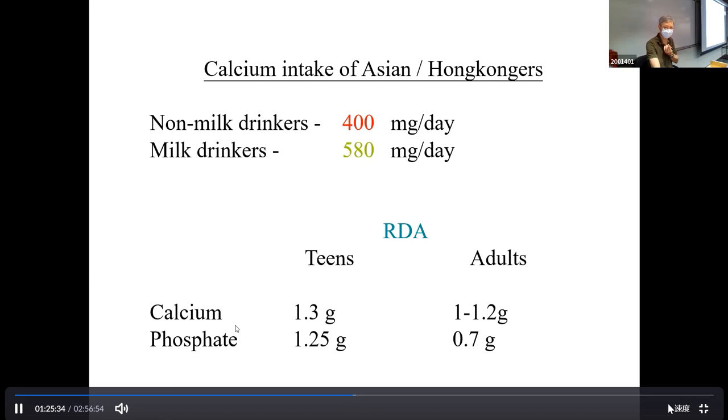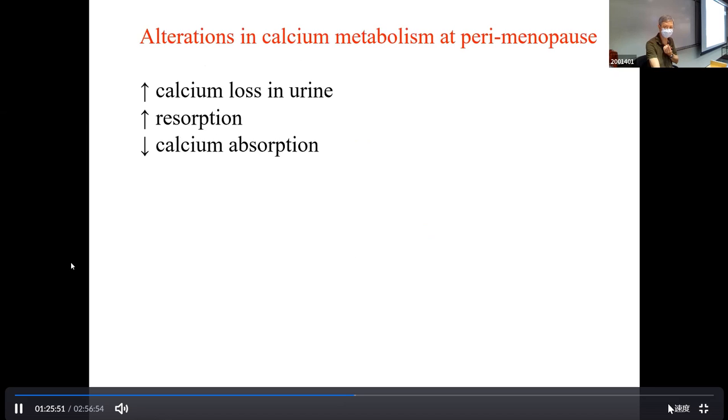This is relatively older. A more recent one would be somewhere around 1 to 1.1 grams. Again, for Hong Kong people or Asians in general, their dietary intake is much lower than the RDA.